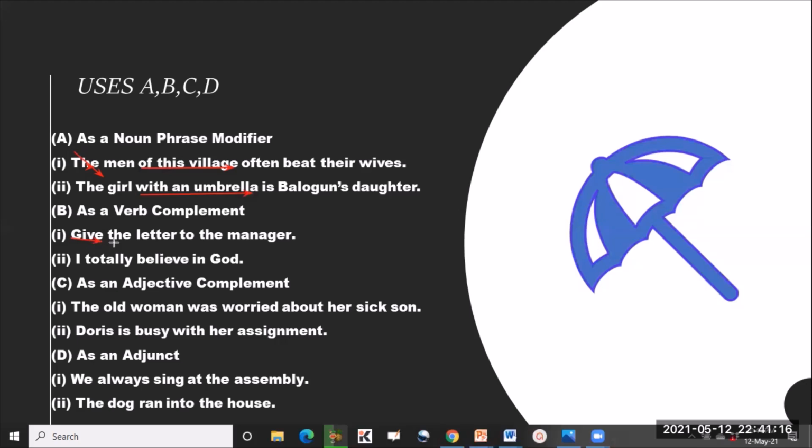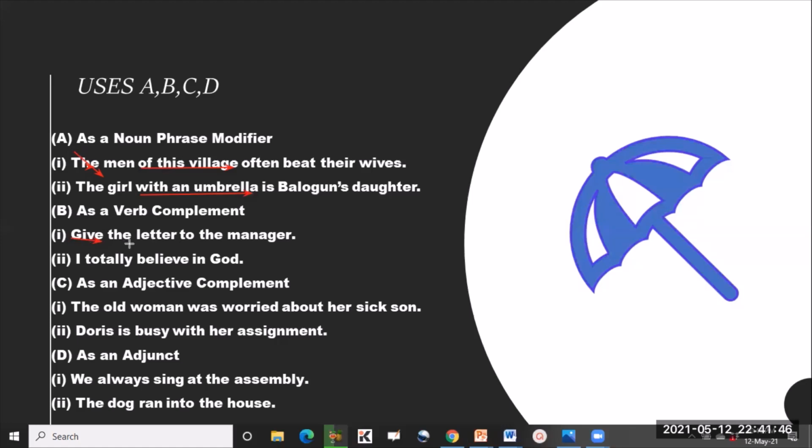When we say to the manager, to the manager is actually adding more meaning to the verb.